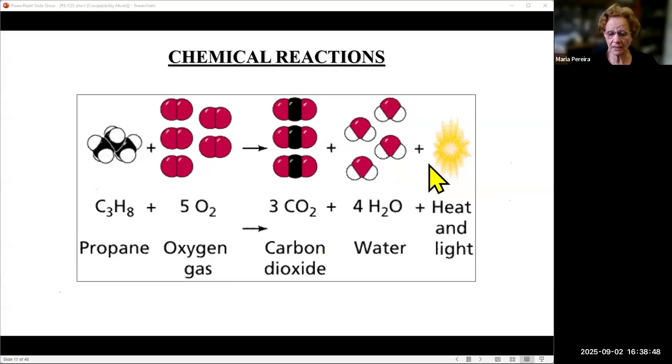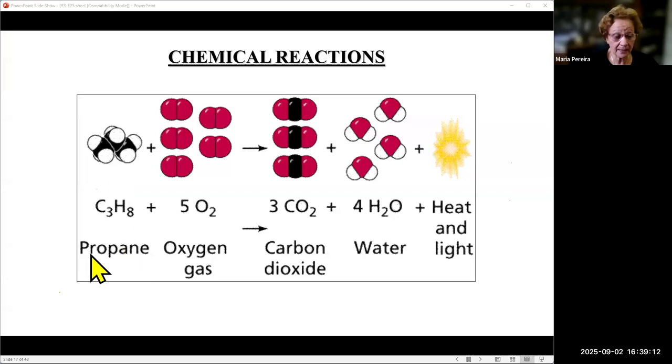So some chemical reactions are very complex. Let's say propane, which is a gas, in the presence of oxygen, it forms carbon dioxide, water, and it emits heat. In this case, light, it emits light. So you can use this in lanterns.